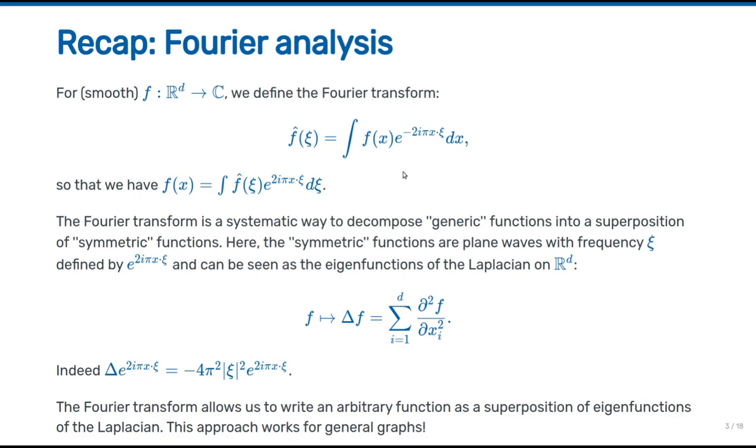And they have a particularity, which is that these plane waves are eigenfunctions of the Laplacian on R^d. So the Laplacian is this differential operator, and you can check very easily by taking the second derivative of this function that they solve this fixed point equation, which is exactly the meaning of being an eigenfunction for this operator.